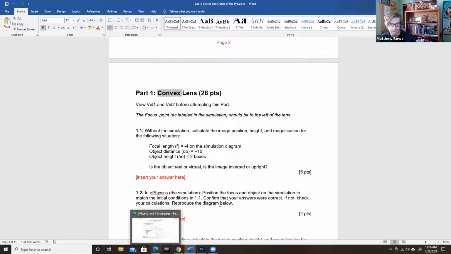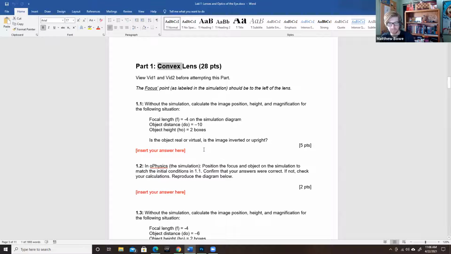You're going to first be doing a calculation. It says calculate first, and then the next question is confirm. So pretty much half of this lab is doing this calculation, given this information, and then just checking to see if you're right.